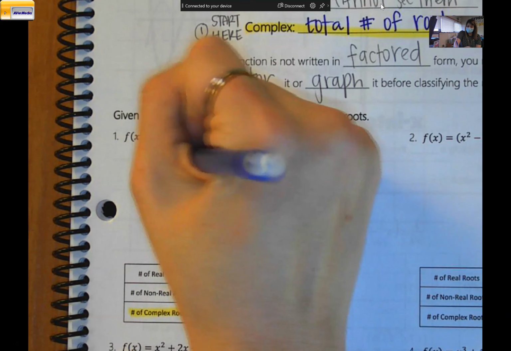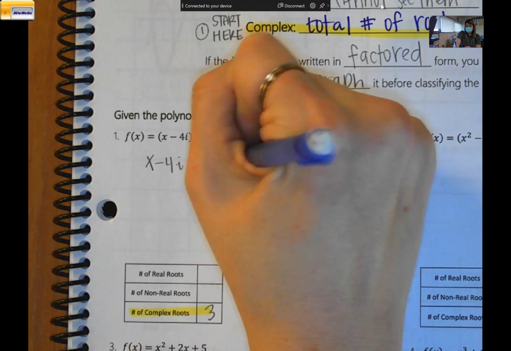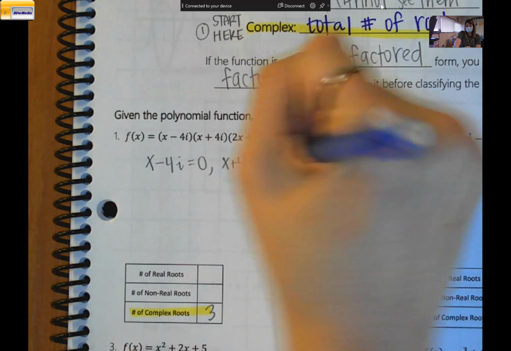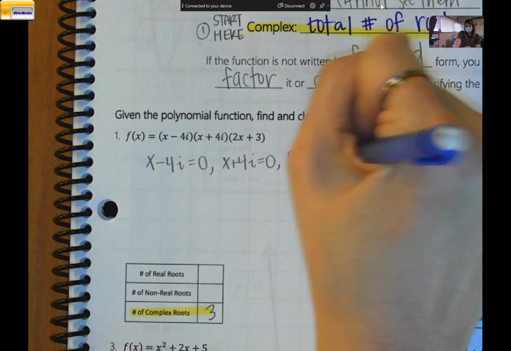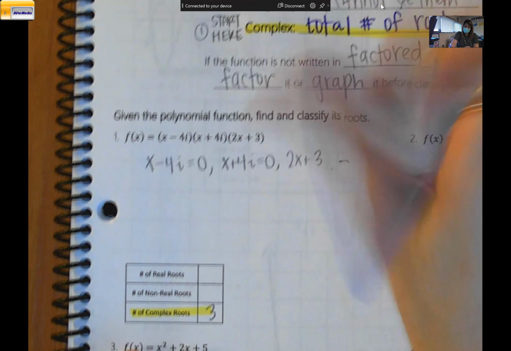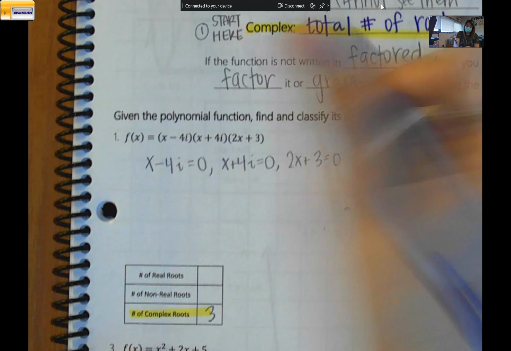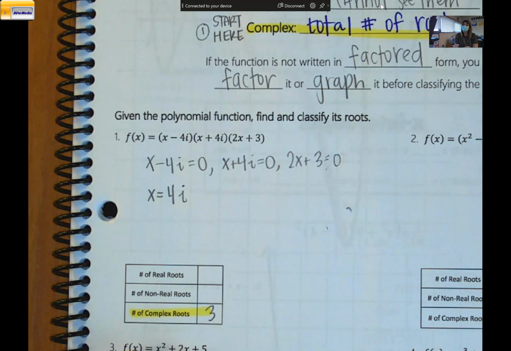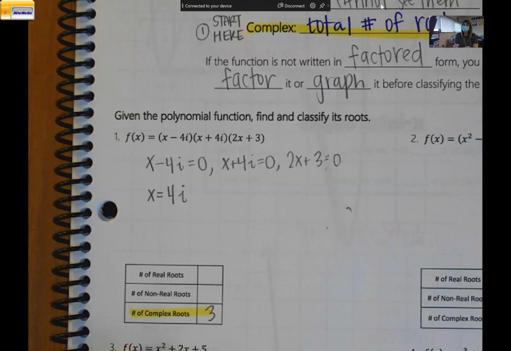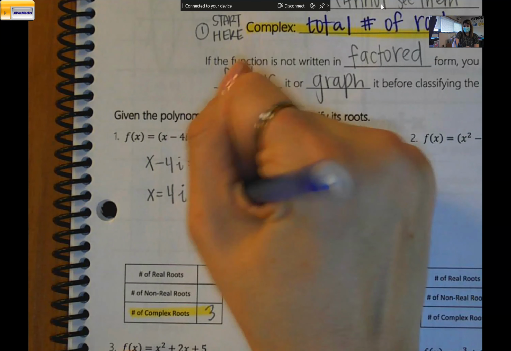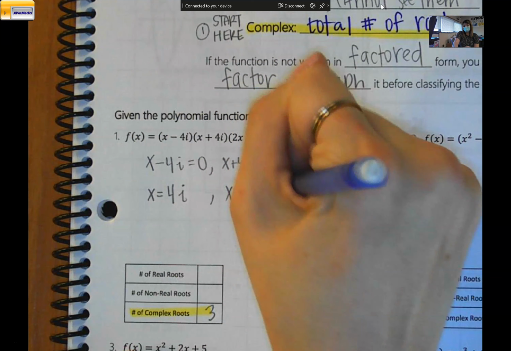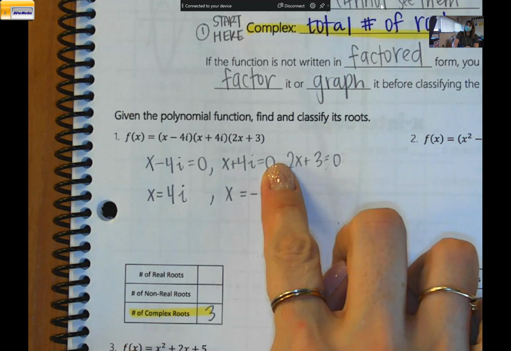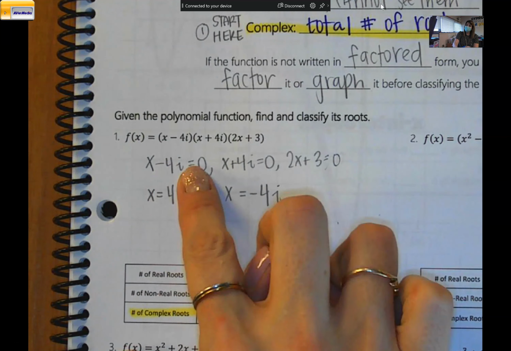Okay, now we could go through and solve these. You don't have to rewrite them like this if you don't want to. I know that a lot of you can just solve these in your head. So our first root is positive 4i. What's our second root? Negative 4i. You should be getting that because you're subtracting this 4i to the other side. Here we added it.